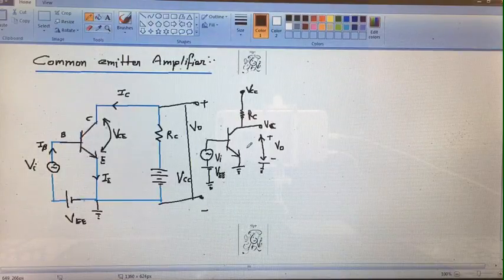So let's start the study of this configuration.